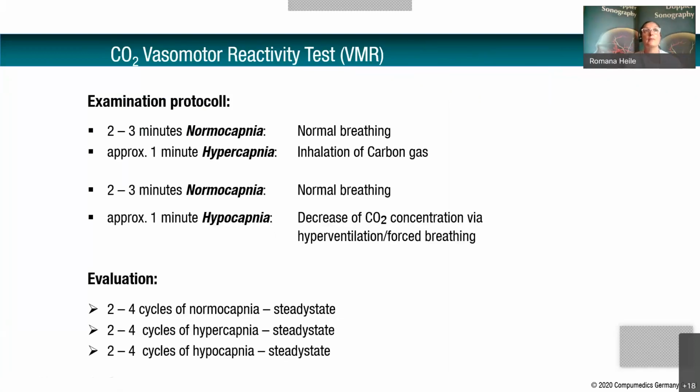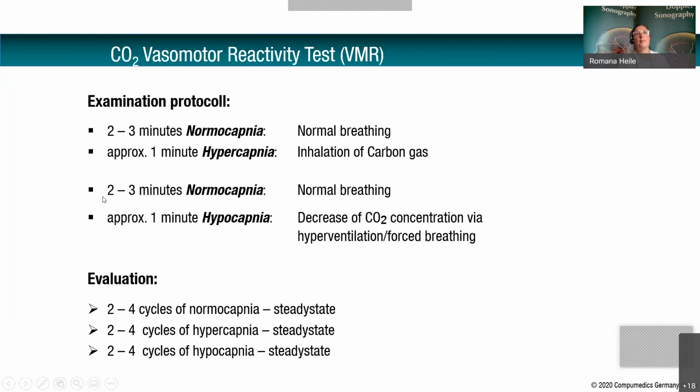So how can we perform the test, or what is the examination protocol? Here we are also doing normocapnia by normal breathing. Then 1 minute of inhalation of the carbon gas. So the Ringelstein method is done with carbon gas, and I think he used 5 or 6%, according to his reference.